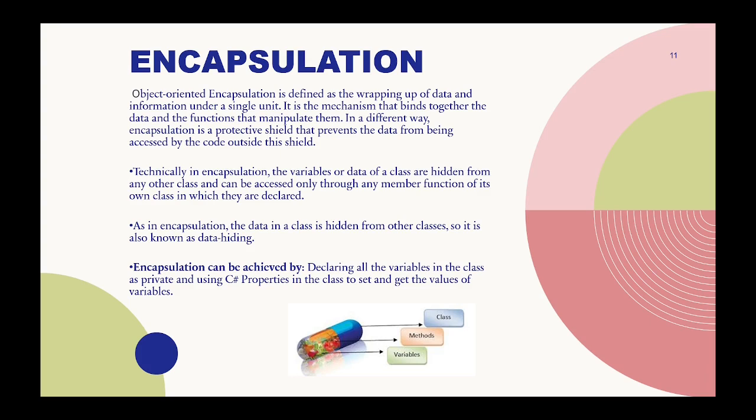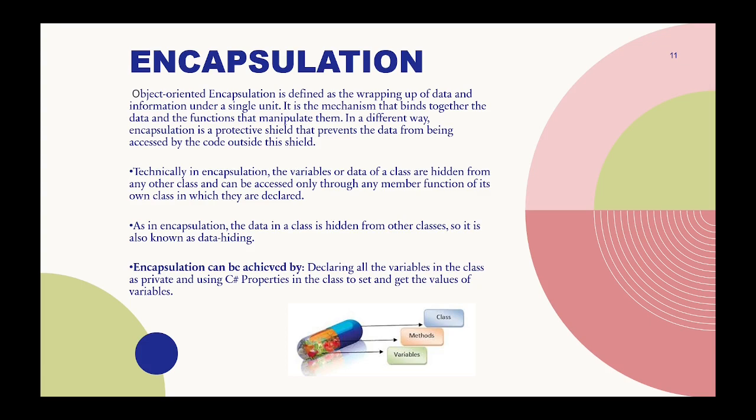Technically, in encapsulation, the variable or data of a class are hidden from any other class and can be accessed only through any member function of its own class in which they are declared. So, we declare them as private in the class only.